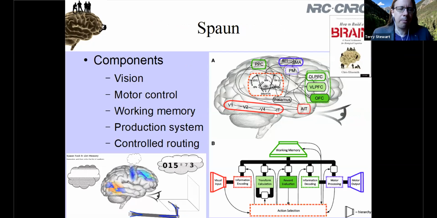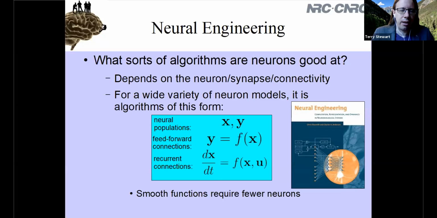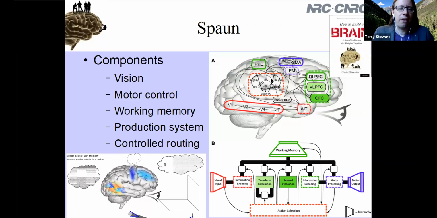That video you're seeing at the bottom left there is we visually presented it a sequence of numbers. It has to remember those numbers, and it has to report those numbers back out. In order to do that task, we need a vision system, a motor control system, some sort of working memory, some sort of control system that tells it what to do at what time, how to control the flow of information throughout the network.